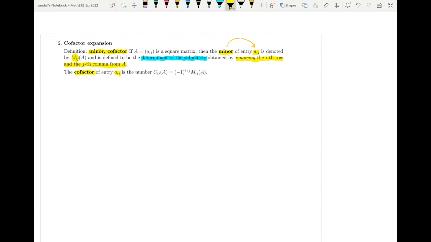The cofactor associated with that entry, so that's why it comes with a sub ij, is this term Mij, which is the determinant of that submatrix, and then this other factor, a plus or minus 1. So this term right here is a plus or minus 1. And that's why you'll see me putting down minus signs occasionally in the formula of a determinant. This is how I'm computing where I put in a minus sign. Okay, so that's the cofactor.